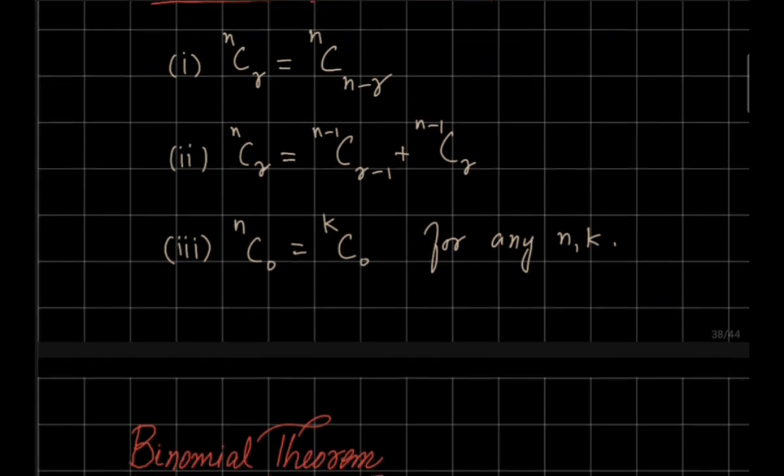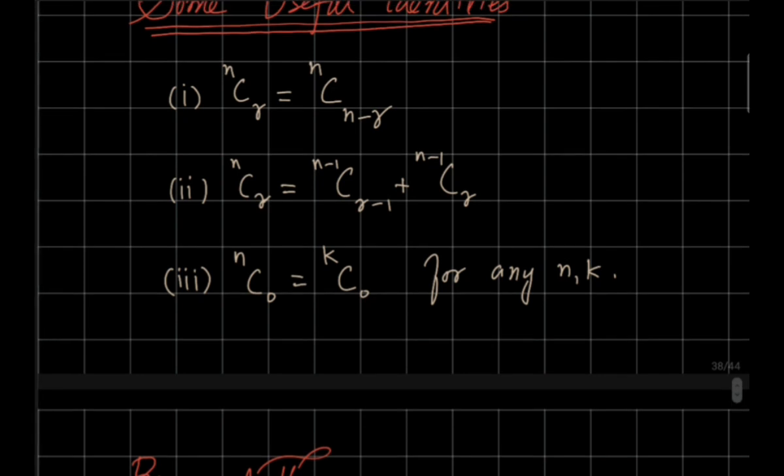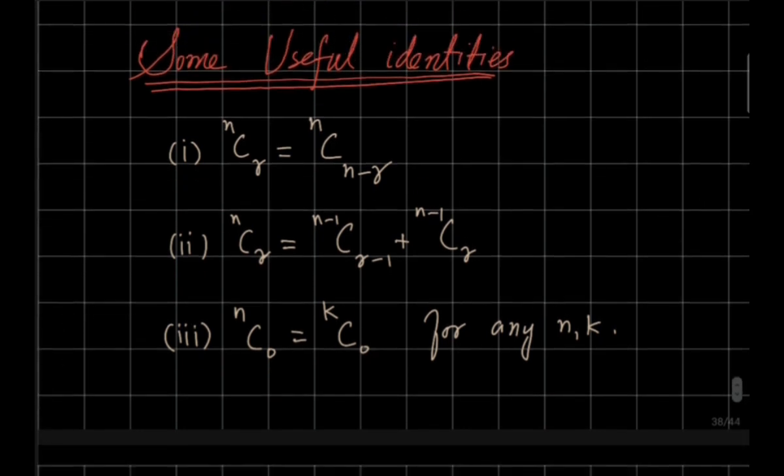So we will use these identities in order to prove the binomial theorem.